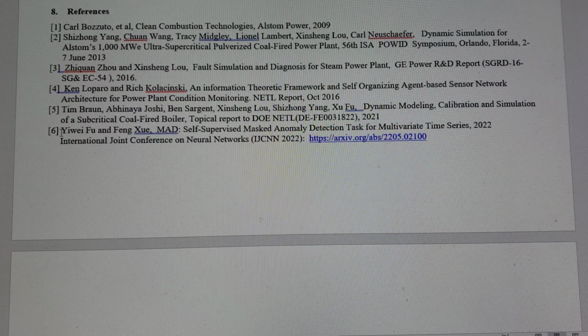Okay, this is Yiwei and Fred's paper on fault detection for multivariable time series, published at the International Joint Conference on Neural Networks.